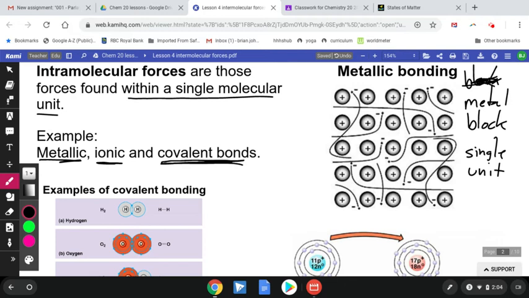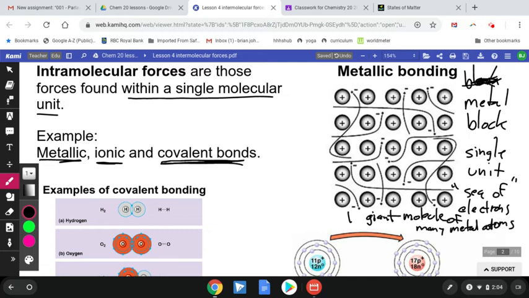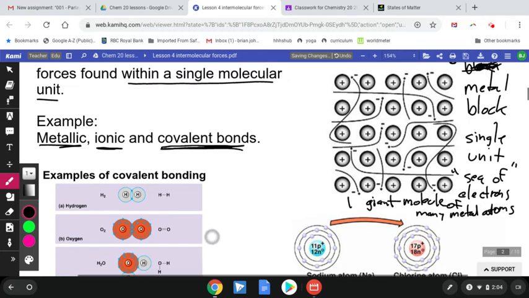And I think we talked about this at the start of the chapter, how in a metal you have a sea of electrons that is being shared. And so we call this intramolecular because it's like one giant molecule of many metal atoms. So that one's a little tricky to get your head around.